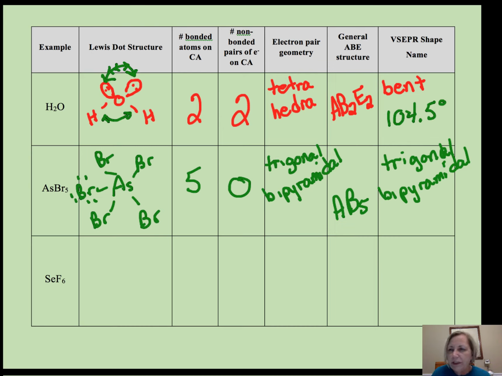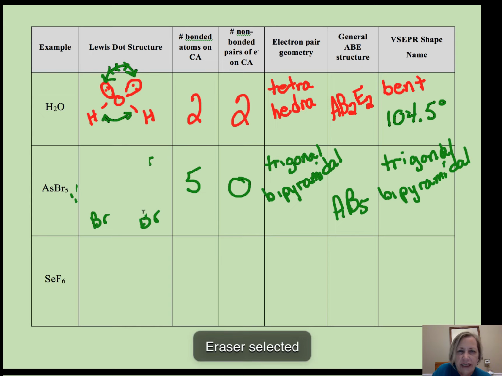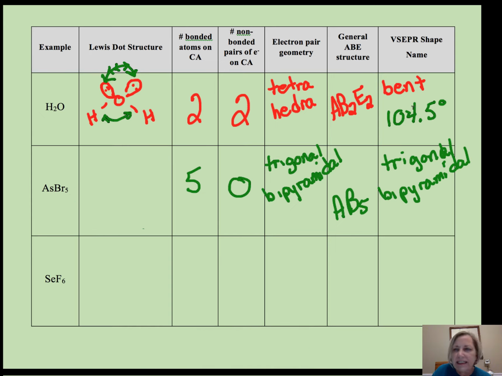If I could maybe draw this slightly different now that you can envision it, I wouldn't have expected that out of a Lewis dot structure, but you have an arsenic and you have three bromines, and those first three bromines are making a triangle in a plane. Sorry about my art there, but I'm going to try to envision it.